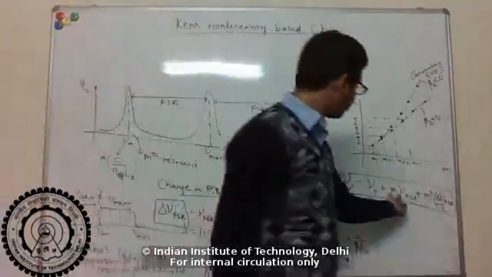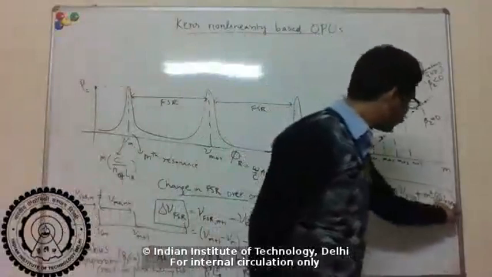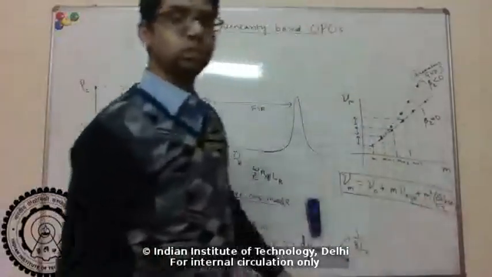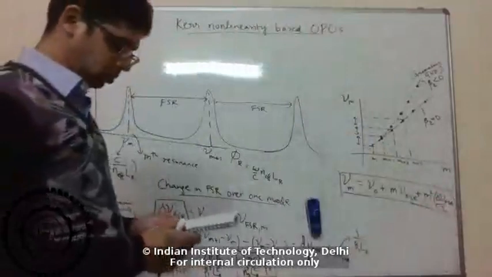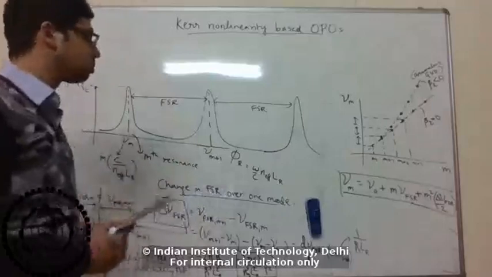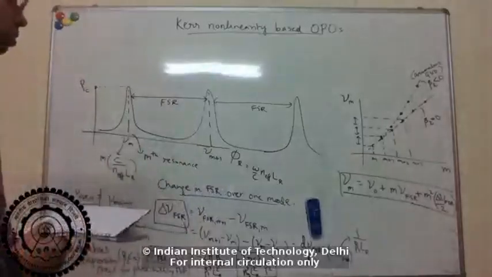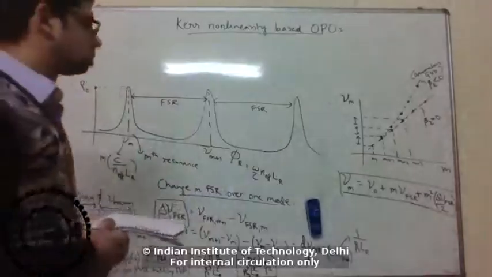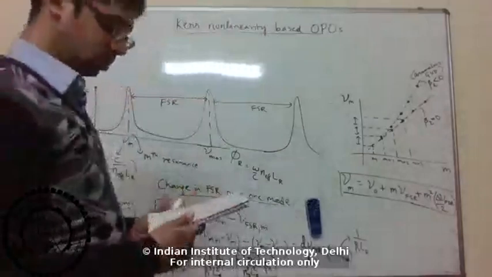So the first linear term gives me the FSR, and the second gives me the delta FSR. Okay, I hope that's clear.